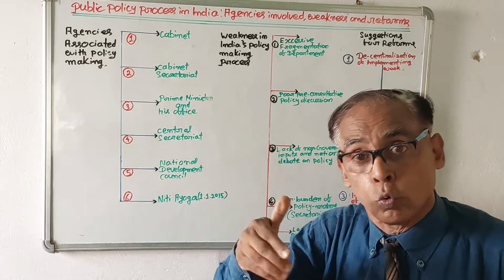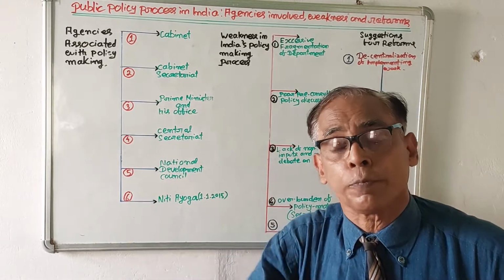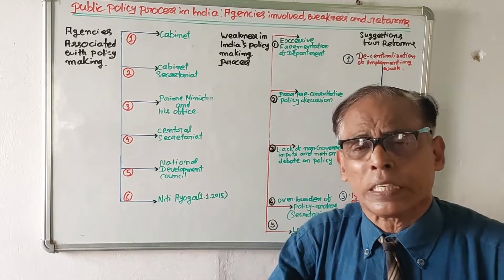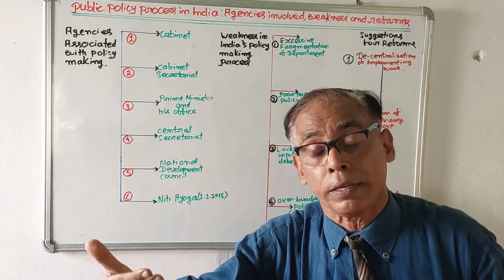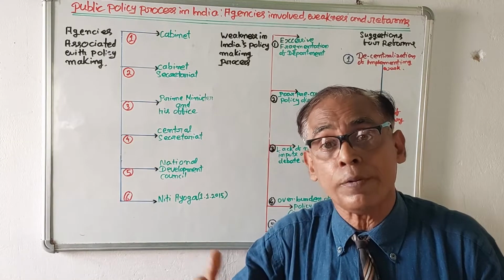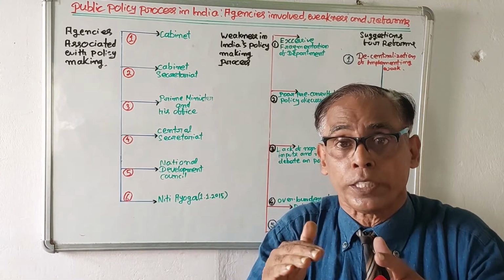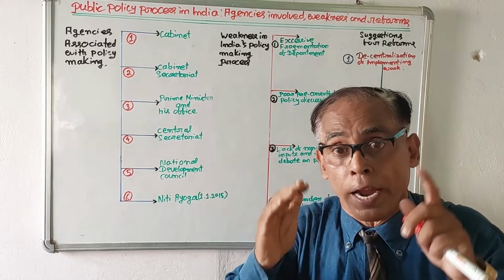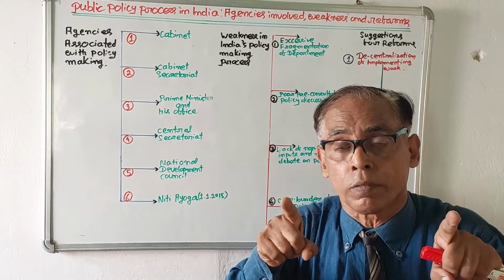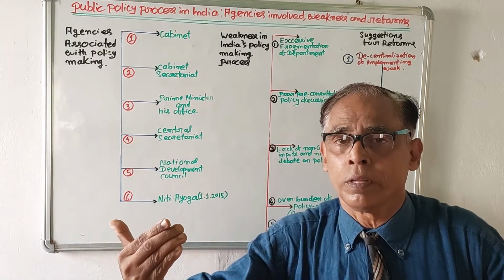We have discussed weaknesses associated with the formulation of public policy. Then we have discussed reforms to be made in the preparation and implementation of public policy, so that public policy can be prepared in a smooth manner and implemented in a nice manner.